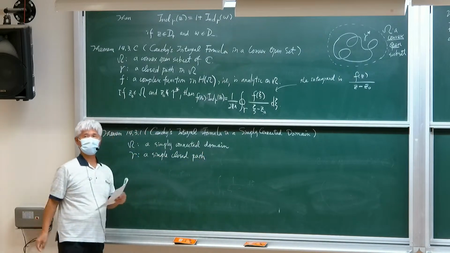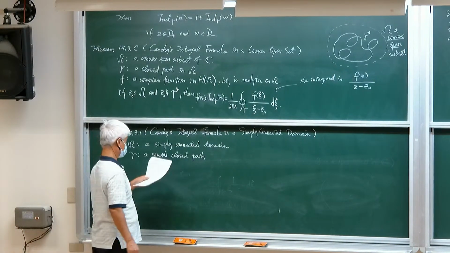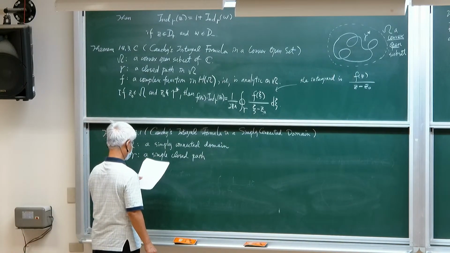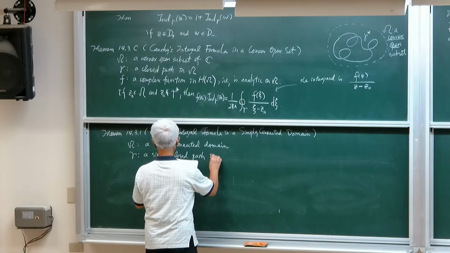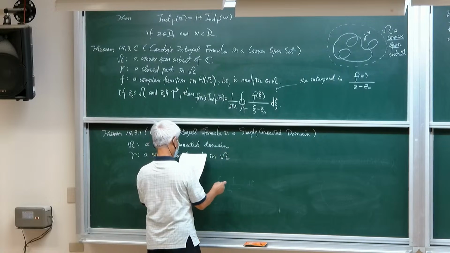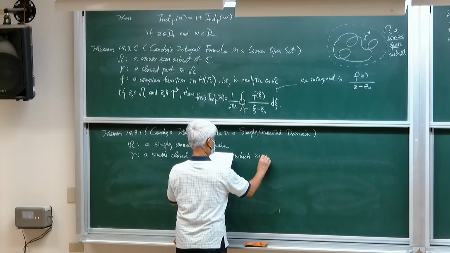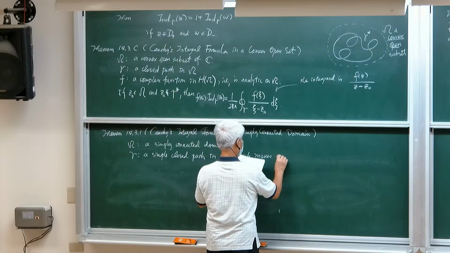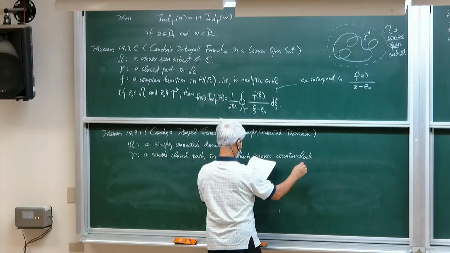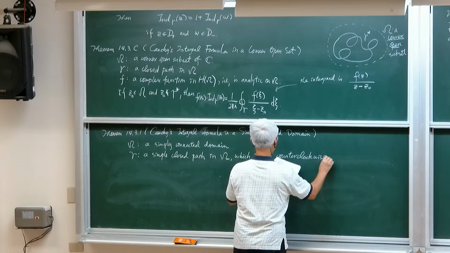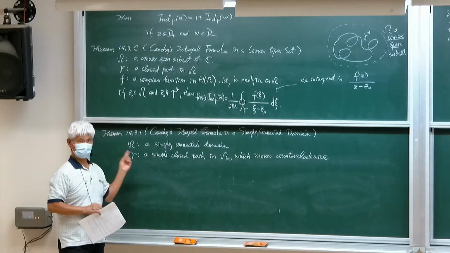Okay, a simple closed path in omega, and which moves counterclockwise. Right, so we give the orientation of this simple closed path.